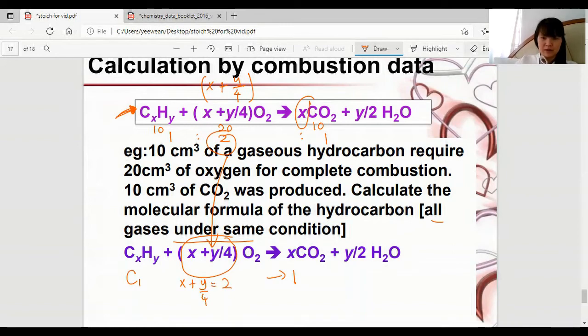And we've already gotten the answer for X from the ratio here. X is 1. 1 plus something equals 2. 1 plus 1 is 2. So Y over 4 is 1. So Y is 4. So it's methane here. So I'm going to rewrite that as methane.